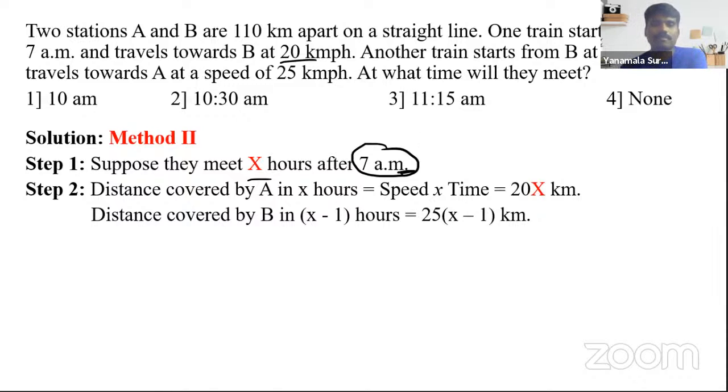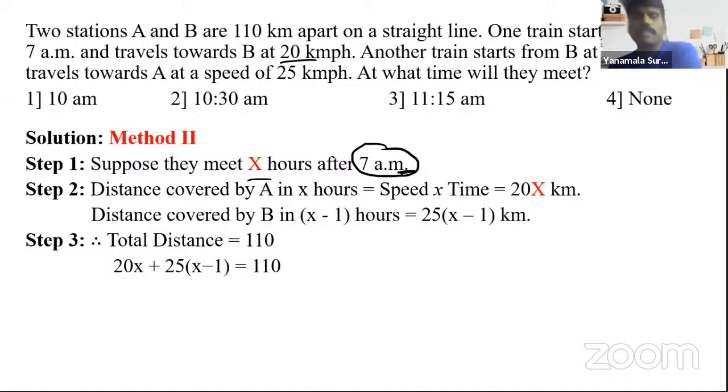Now, what is the total distance? Distance covered by A and distance covered by B should be equal to 110 kilometers. See, both have to cover, right? Then only it will be 110 kilometers and they will meet. That is nothing but 20x plus 25 into x minus 1.